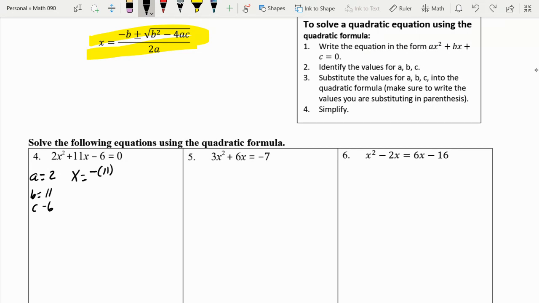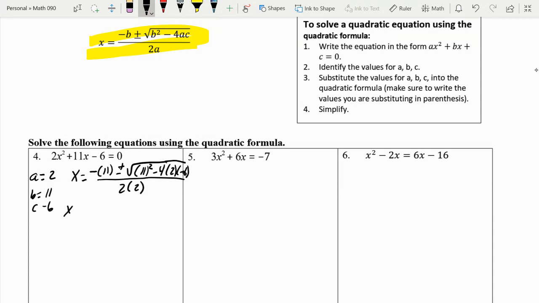That negative, plus or minus the square root of, and every time you substitute, always parentheses, 11 squared minus 4 times a, which is 2, times c, which is -6. Sorry, there's not enough room here. X is equal to, oops, sorry, I forgot to divide all this mess by 2 times a, which is 2.